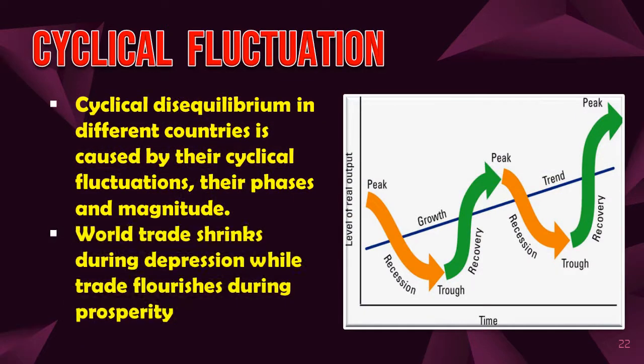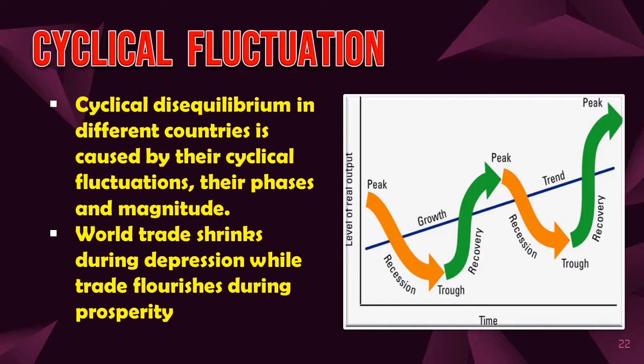Cyclical fluctuation. Cyclical disequilibrium in different countries is caused by their cyclical fluctuations, their phases and magnitude. World trade shrinks during depression, while trade flourishes during prosperity. It keeps on changing. That is called a cyclical fluctuation.